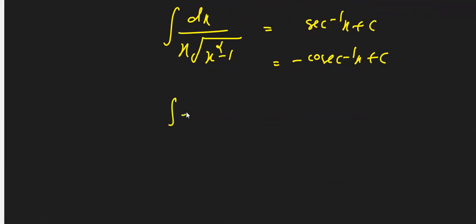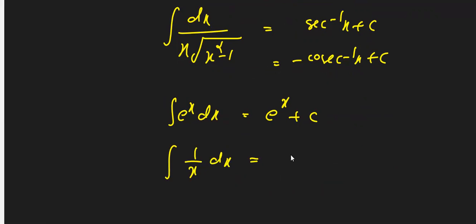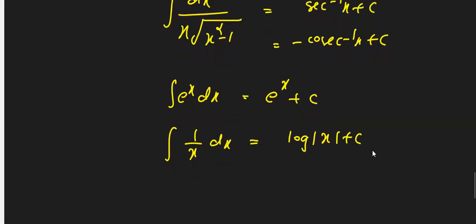Like this, we can consider integral e to the power x dx. We know that derivative of e power x is e power x only. So e power x plus c. Suppose we have integral 1 by x dx. We know that 1 by x is the derivative of log x. So it will be log of mod x plus c.